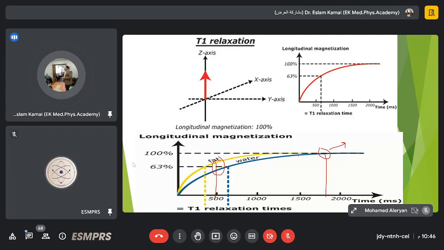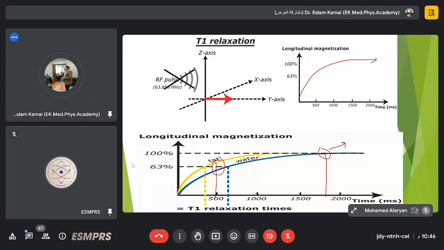Actually, the recovery of longitudinal magnetization, as you can see here, and the decay of transversal magnetization are independent processes, not relying on each other. So the recovery of longitudinal magnetization happens at the same time as the decay of transversal magnetization.